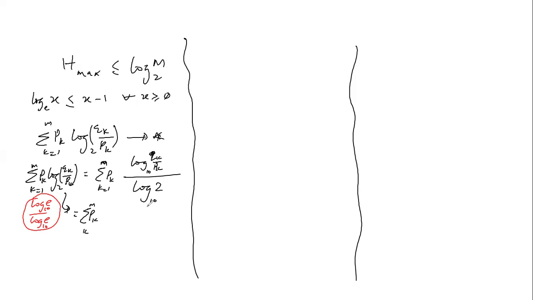Now, this will be log q_k over p_k divided by log e to base 10, this is base 10 also, times log e to base 10 divided by log 2 base 10. Now, if this log cancels this, we'll come back to this expression, which is this divided by this. Do you agree with that, please?